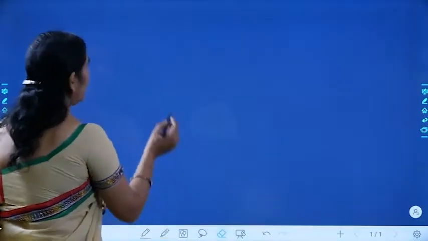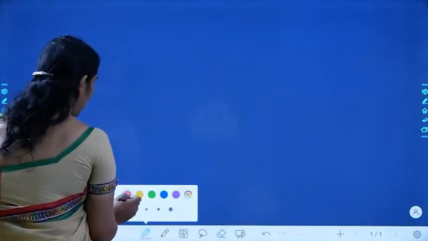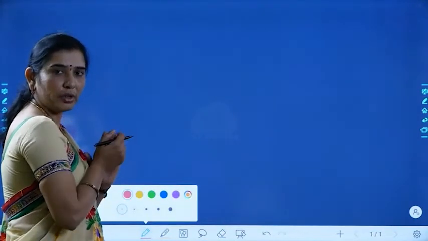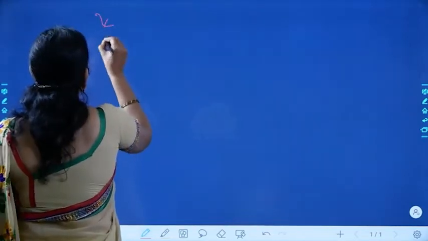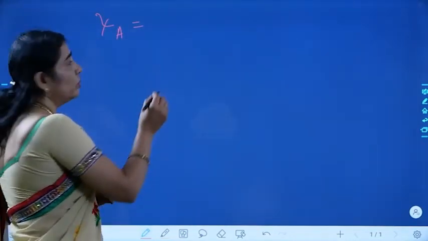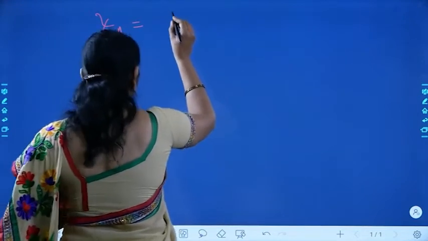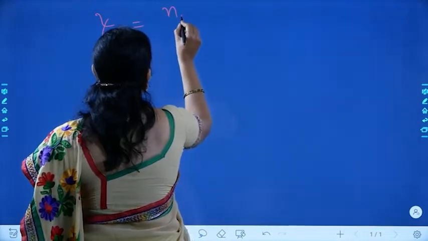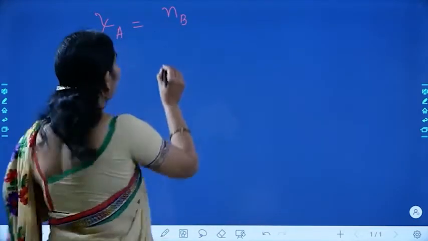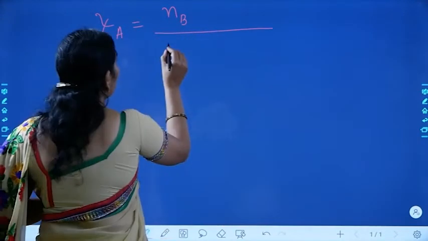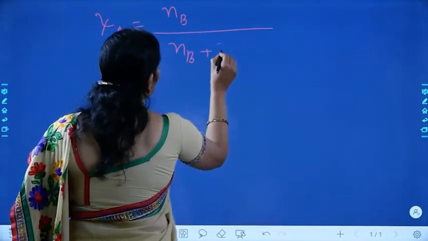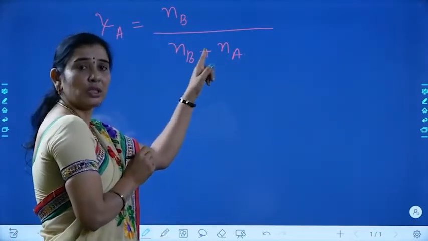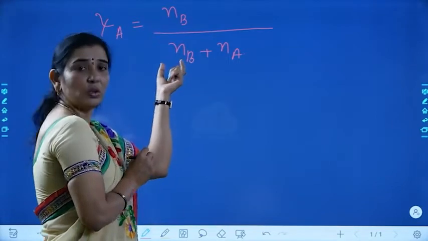Now I am going to tell. For example, the solution is composed of two components, solvent A and solute B. Then the mole fraction of A is equal to the number of moles of A divided by the number of moles of the solute plus the number of moles of the solvent. So the number of moles of the solvent I will denote as Na, and the number of moles of the solute as Nb.